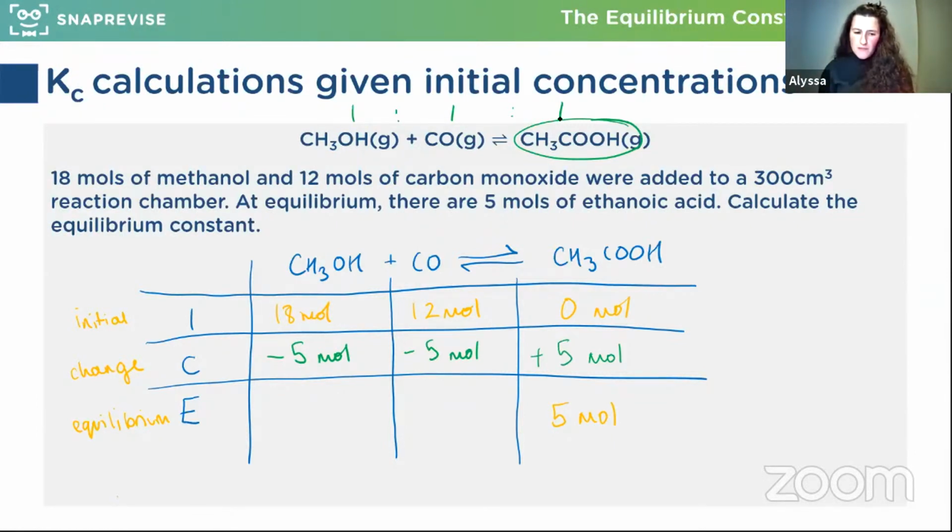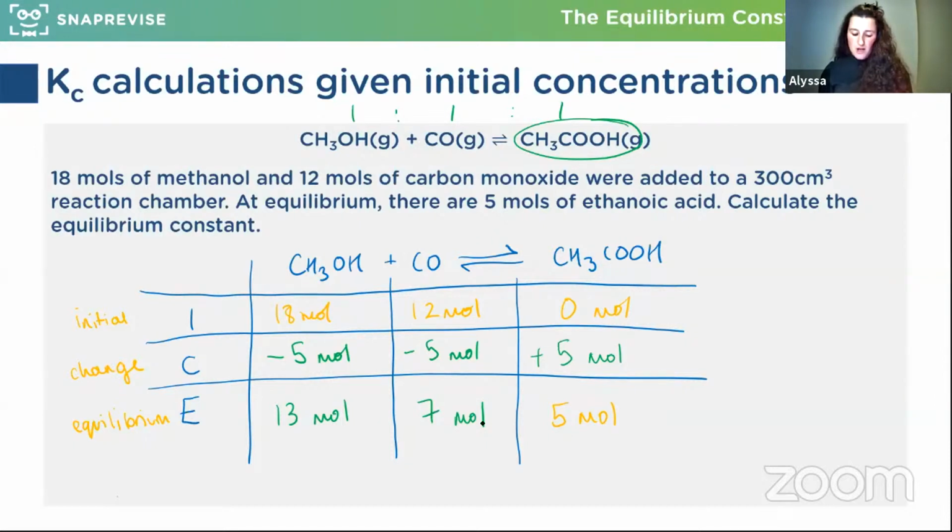So I must have 13 moles of methanol left, because I've used up 5 moles. I started with 18, I've lost 5, so I've got 13. That's why I like to put the minuses and the pluses in, because it reminds you to take away or add the number. And for carbon monoxide, I've therefore got 7 moles.